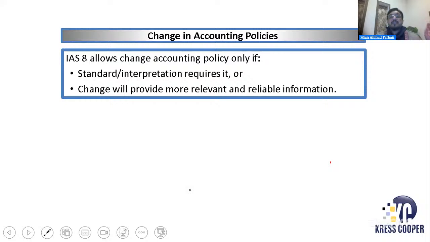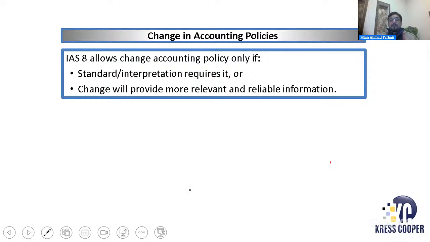So IAS 18 is no more existing. That has been superseded. In the same way, IAS 17 about leases has been superseded, and now IFRS 16 is talking about the accounting for leases. So if the requirements of the accounting framework which the entity is following get changed, obviously the policy will be changed.